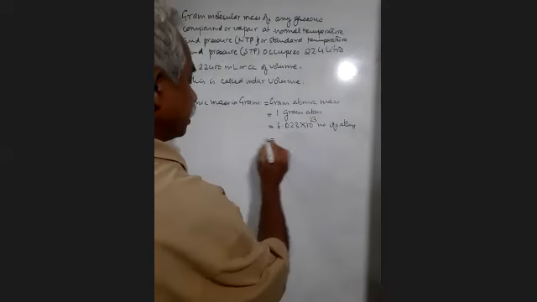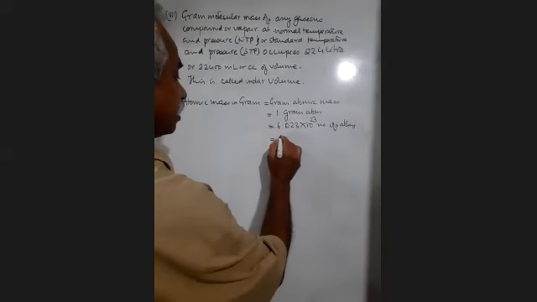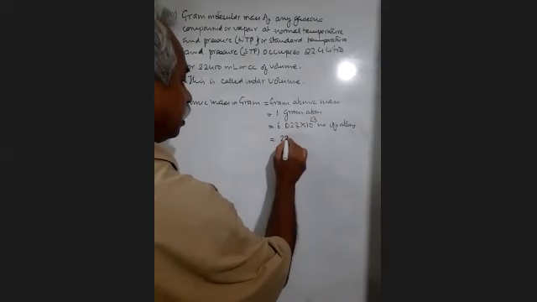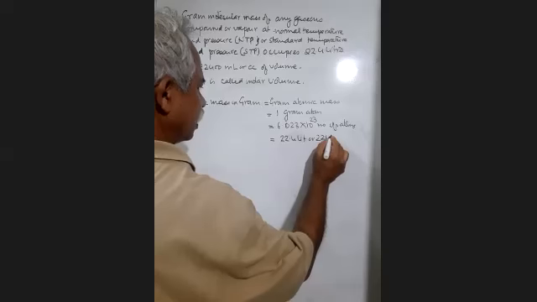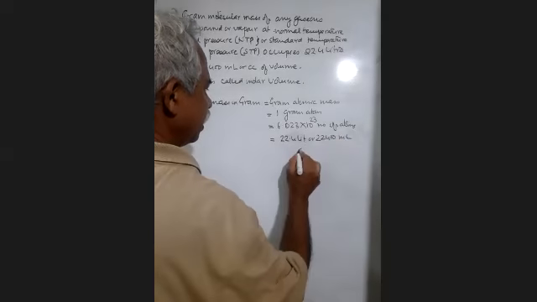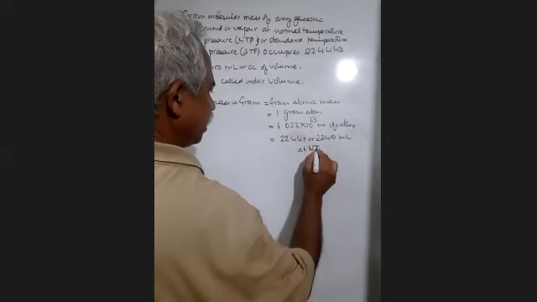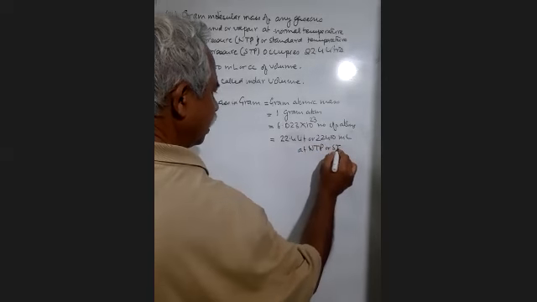Now it may happen that it is in the vapor state or gaseous state. Take the example, the only atoms which exist in gaseous state are the noble gases: helium, neon, argon, krypton, xenon, radon. So if it is in vapor state, then it is going to have 22.4 liter or 22,400 ml at NTP or STP.